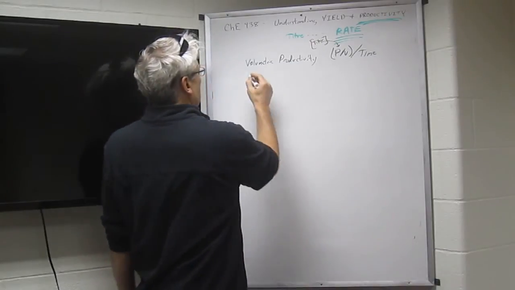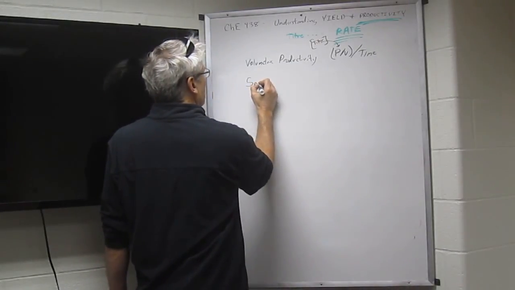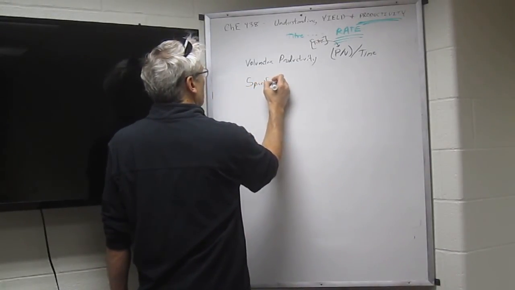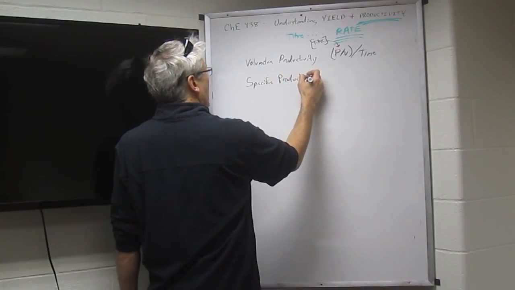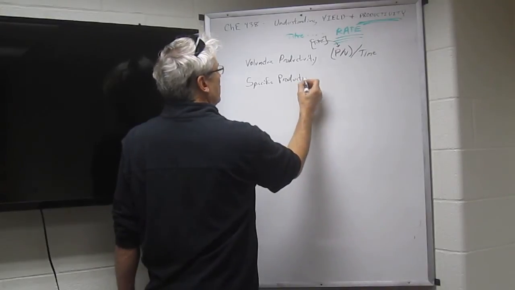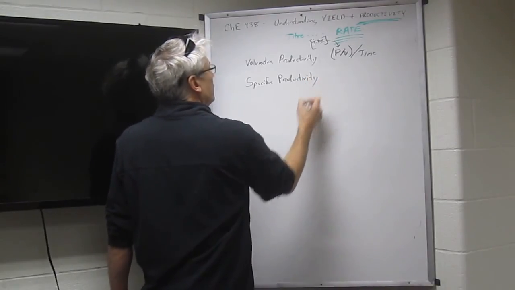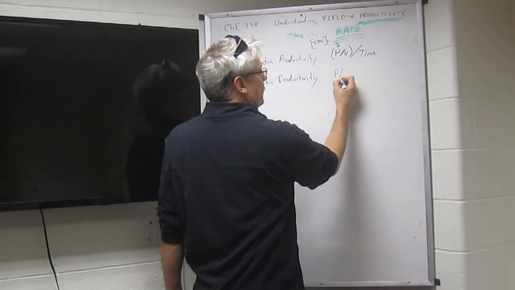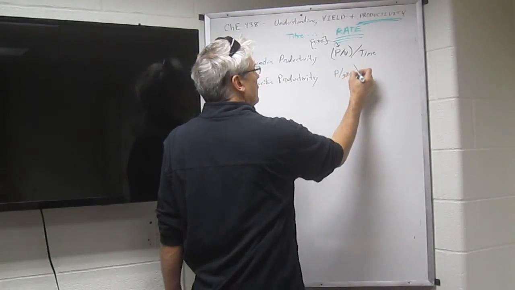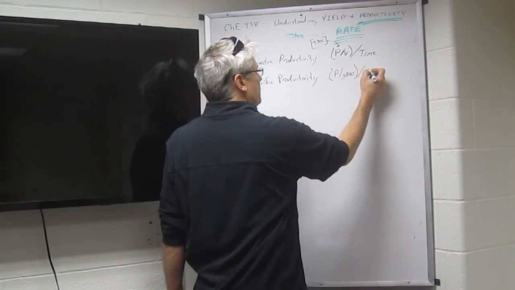Okay. In contrast, then, specific productivity is all about how many cells are present. And so here what we're really talking about then is the amount of product per gram dry weight per time.